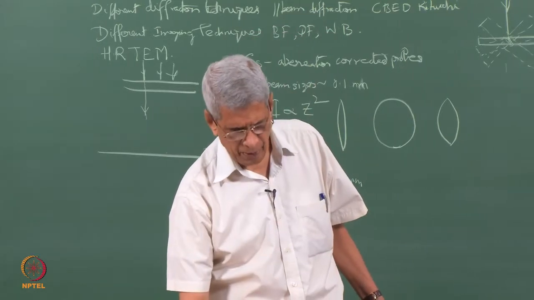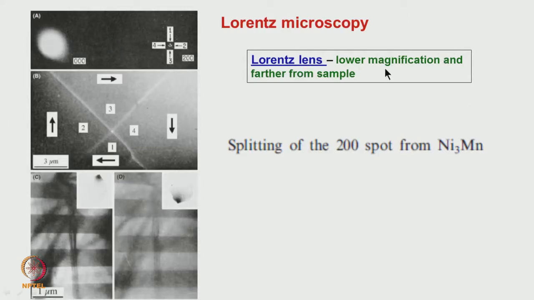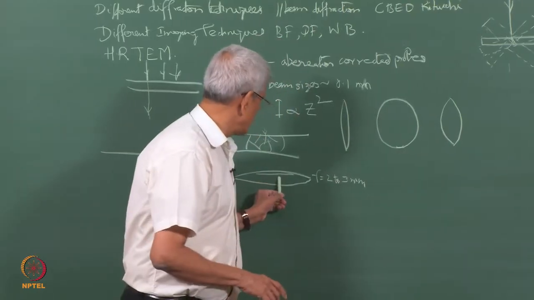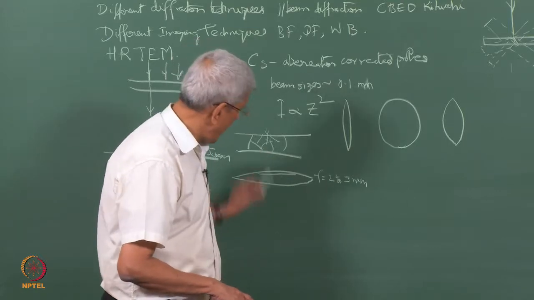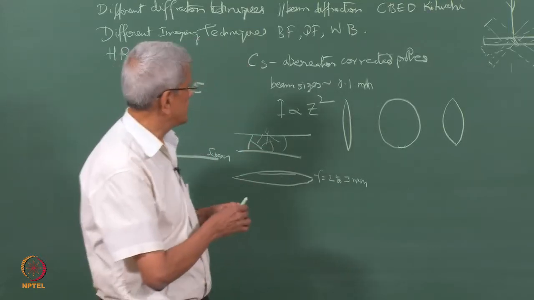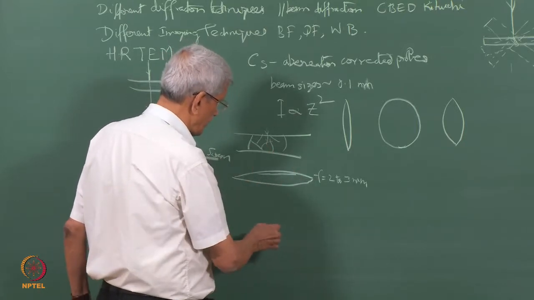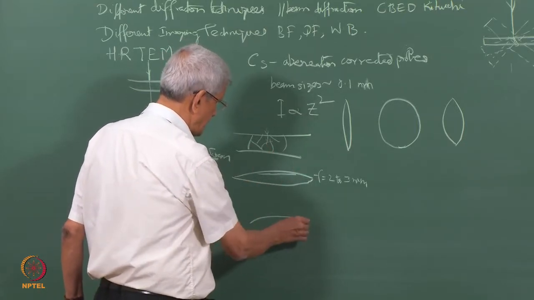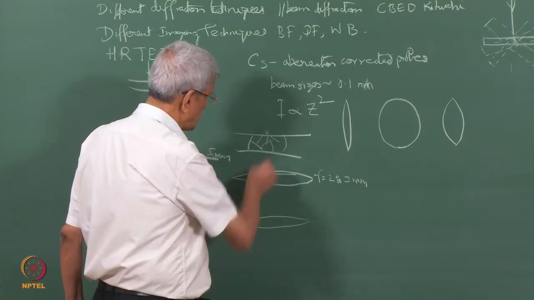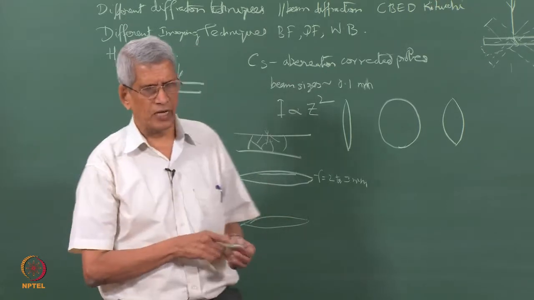So if we want to use the magnetic property of the sample to get information about the distribution of the magnetic domains, one thing one can do is use a low magnification and use a lens whose strength is very small. In a microscope, sometimes the objective lens itself can be switched off, and the intermediate lens, which is far away, can be used to form a low magnification image.